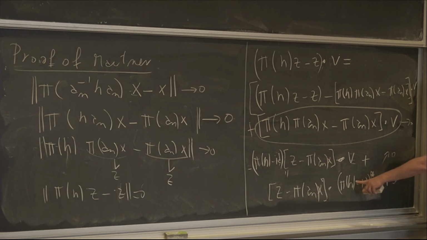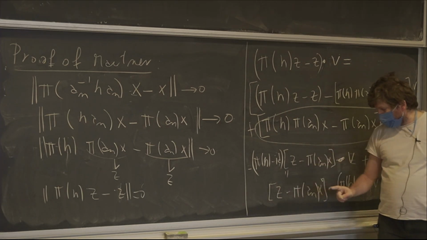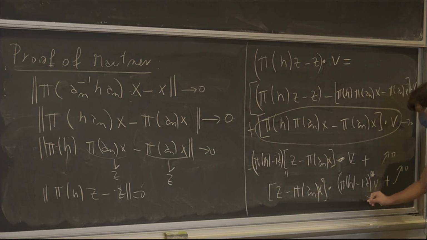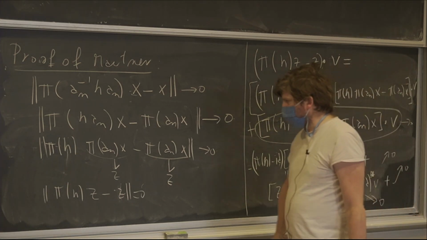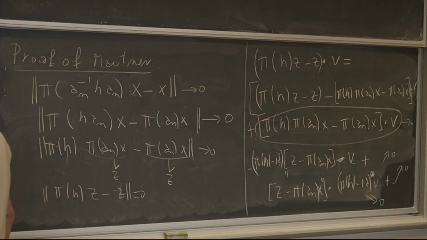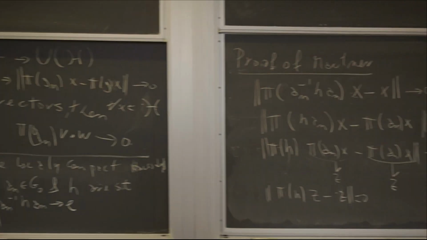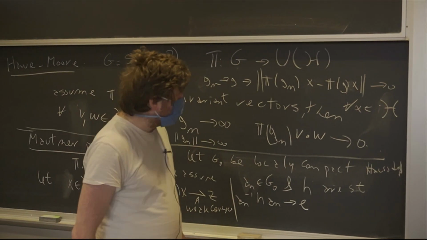And now this is a vector as any other vector, and the weak convergence of this guy to z tells me that this is still going to 0. Good. That's really analysis. It's very basic and simple analysis, but it has a huge implication in here. So this is Mautner.